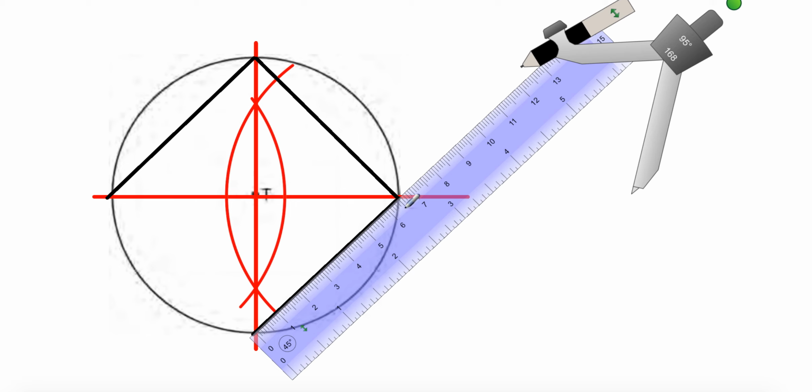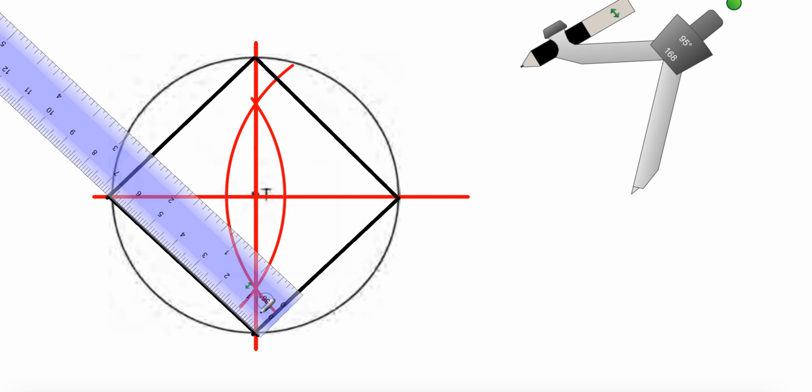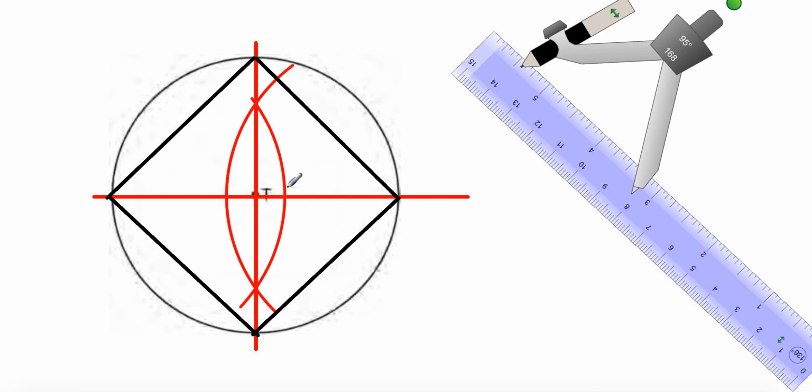And then connect here, connect here. Then you can see the black one must be a square inside.